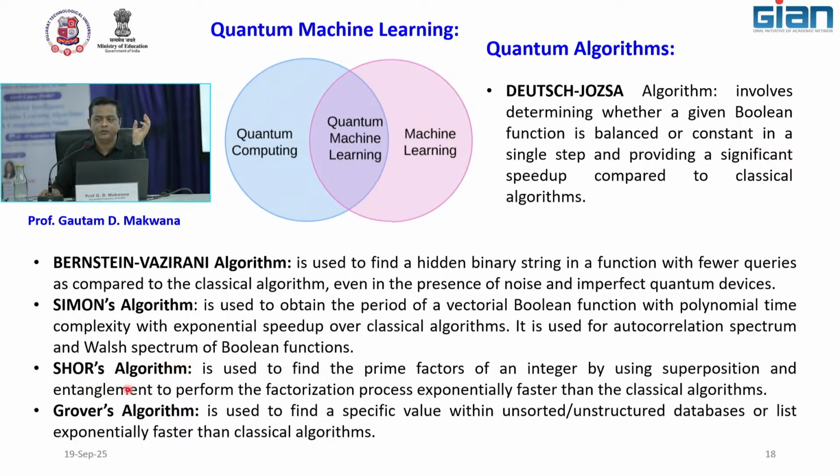Among the popular algorithms in quantum computing are Shor's and Grover's algorithms. Shor's algorithm is used to find the prime factors of an integer by using superposition and entanglement to perform the factorization exponentially faster than the classical algorithm, and Grover's algorithm is used to find a specific value within an unsorted and unstructured database or list exponentially faster than the classical algorithm.